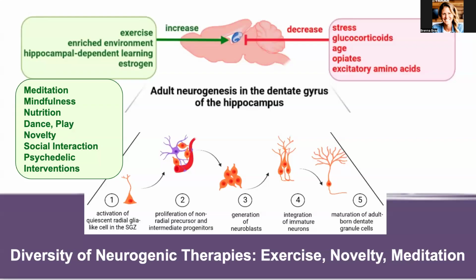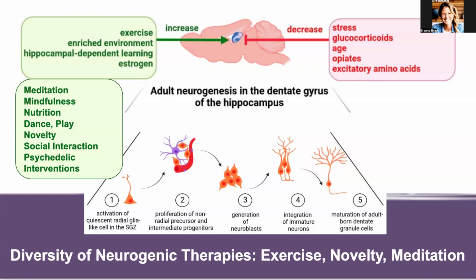Because there's also a very real risk with psychedelics, as there are with any interventions, of imposing too much onto the body, right? And we can impose risk when we're doing that. Even too much of a good thing can be a bad thing, right? So over here on the left, we're seeing interventions that can increase neurogenesis.